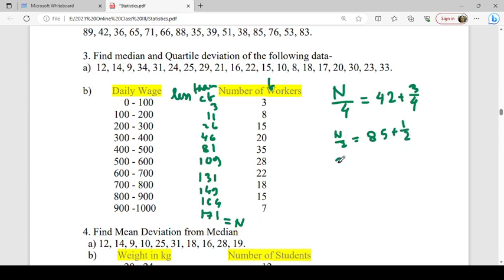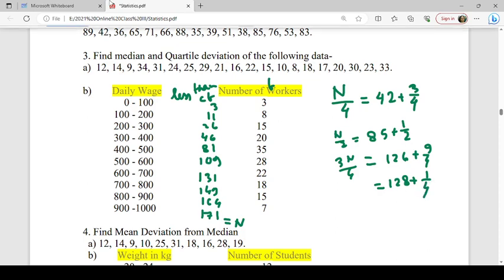And 3n by 4 is 171 into 3 by 4, so it is 513 by 4, which is 128 plus 1 by 4.